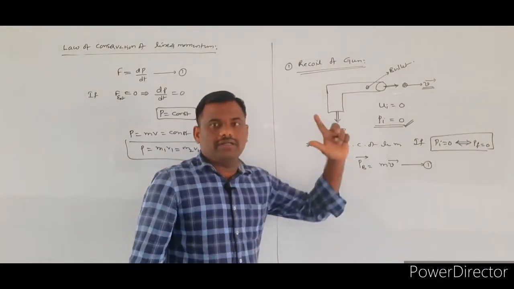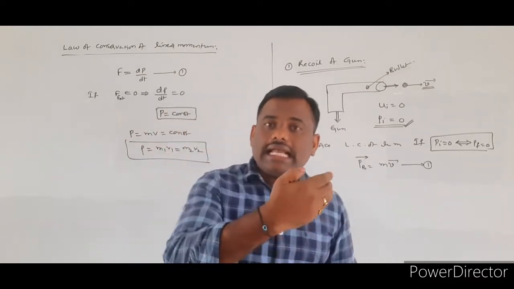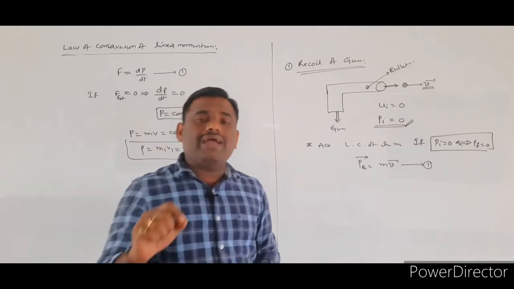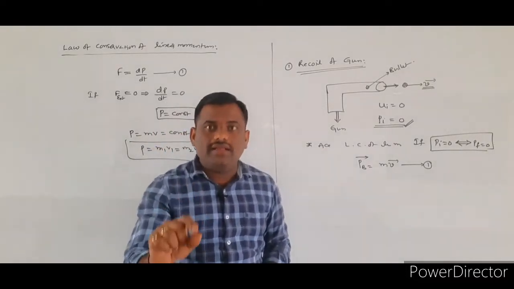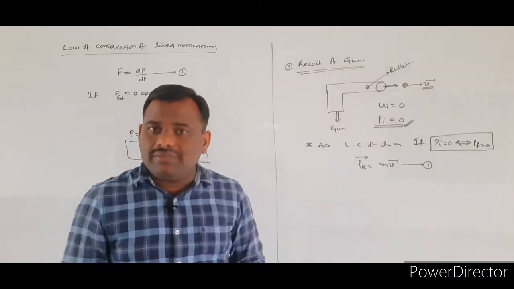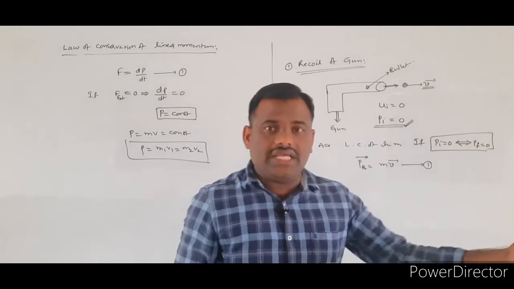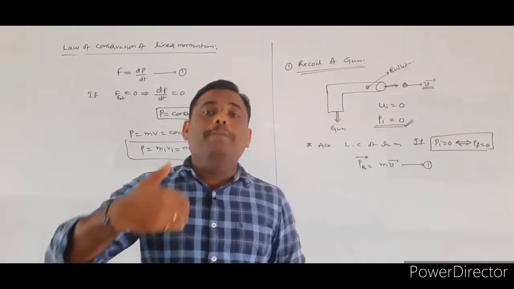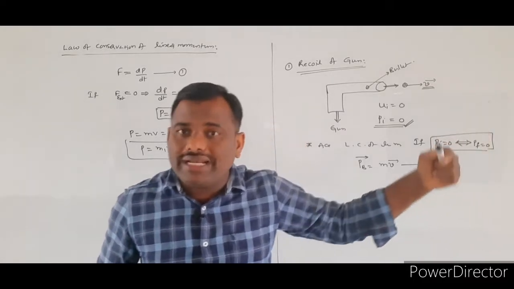Whenever the bullet leaves in the forward direction, the gun moves in the backward direction. That is called the recoil of the gun. What is the meaning of the recoil of the gun? While the bullet is leaving the barrel in the forward direction, the gun itself moves in the backward direction to balance the momentum of the bullet.